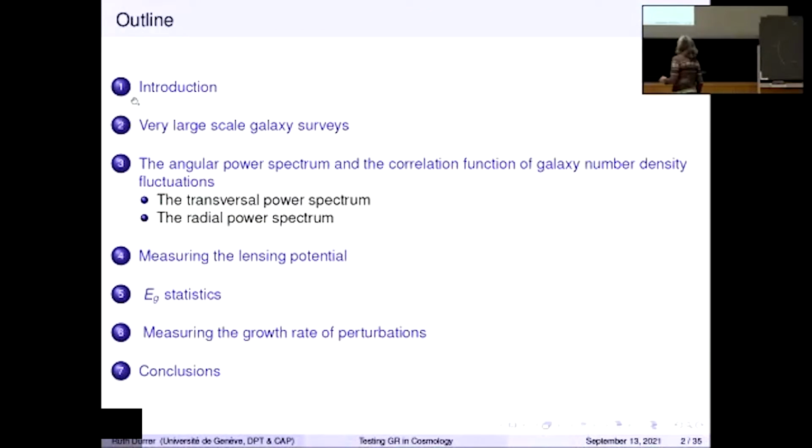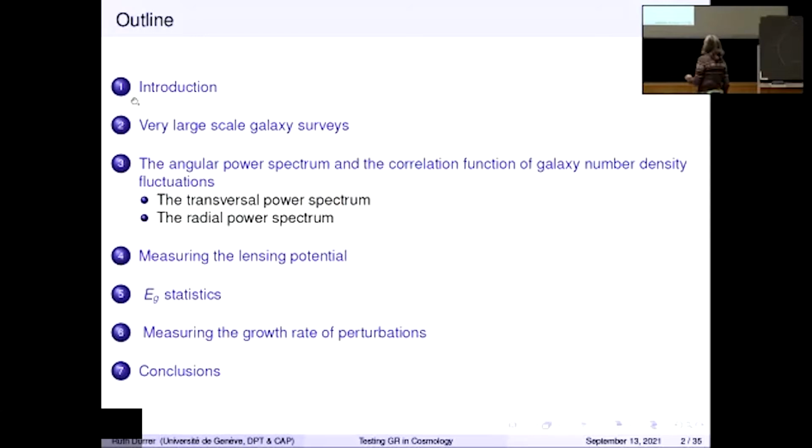Okay, I will first start with an introduction and then talk a bit about what very large surveys of galaxies, so surveys which just count galaxies in position in the universe, what they actually measure, what we can measure with them.